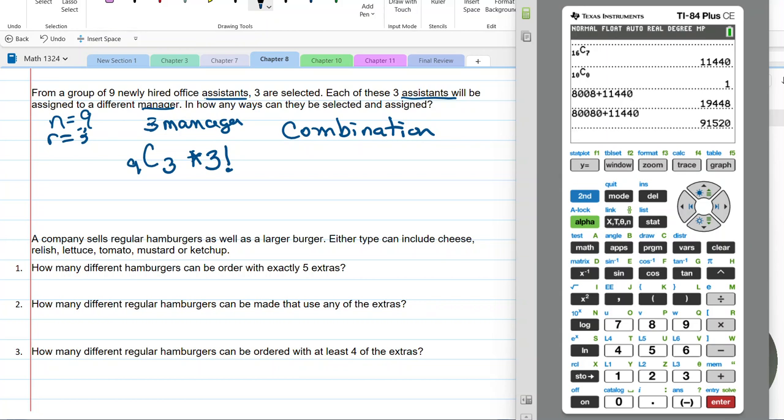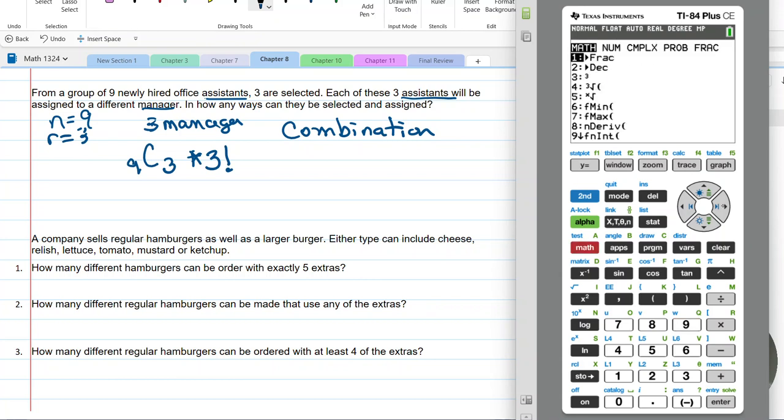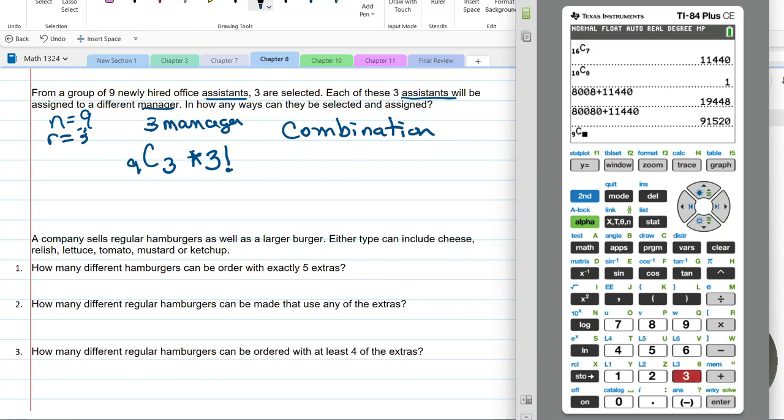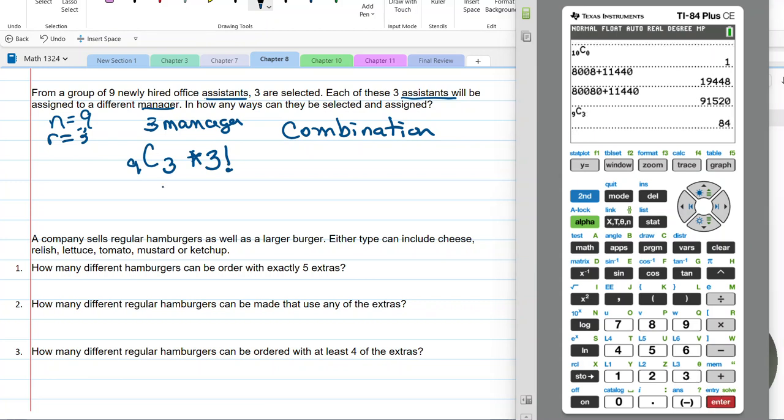So here we go. 9 math, PROB, number 3, and we're going to choose 3. It looks like 84. And 3 factorial is 3 times 2 times 1, which is 6. So we're going to take that 84 and multiply by 6. 504.